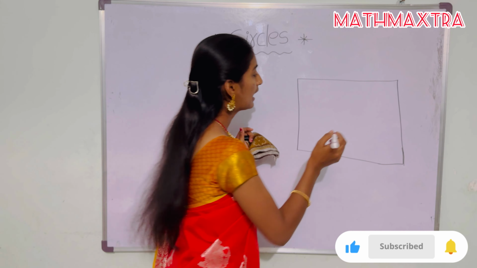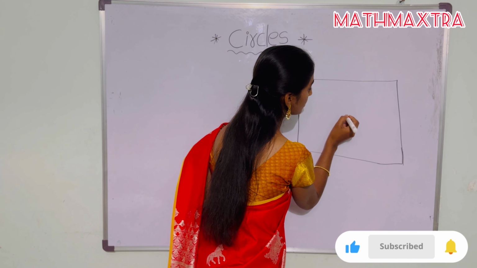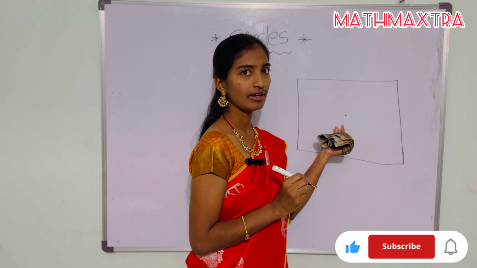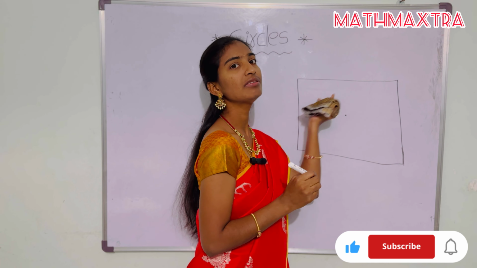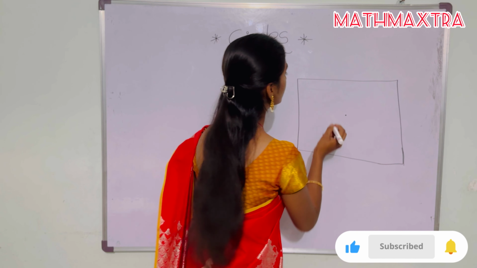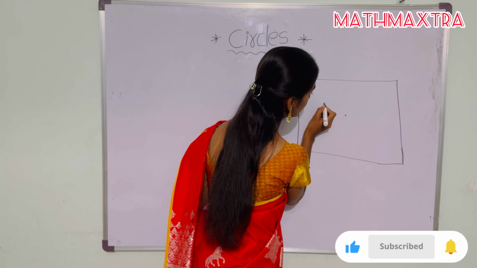What I am doing? I am fixing one point. This is a fixed point. I am locating a fixed point and I am collecting the points which are equidistant from this fixed point. Suppose I want to take the equidistance like this.